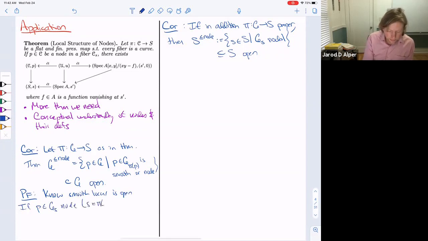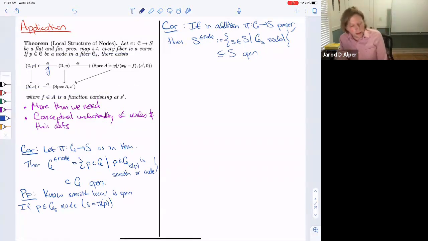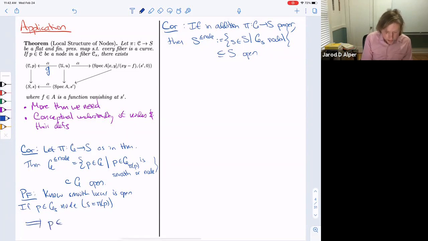So here S is pi of P, where pi is the structure map. Then what this theorem gives us is this nice diagram up here. And let's let this morphism from U to C be called G. Then we've arranged that this point is in the image, because G is étale: if I take G of U, this is an open set inside C-node.